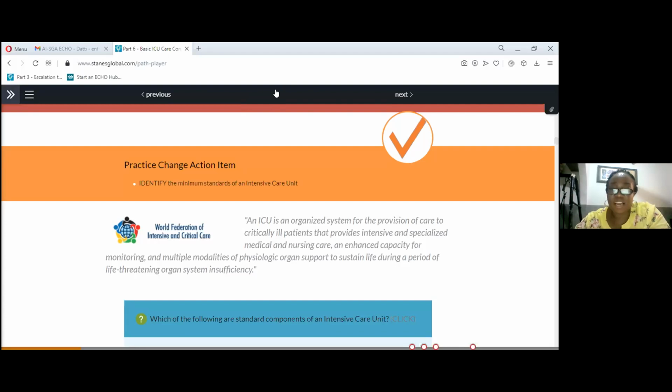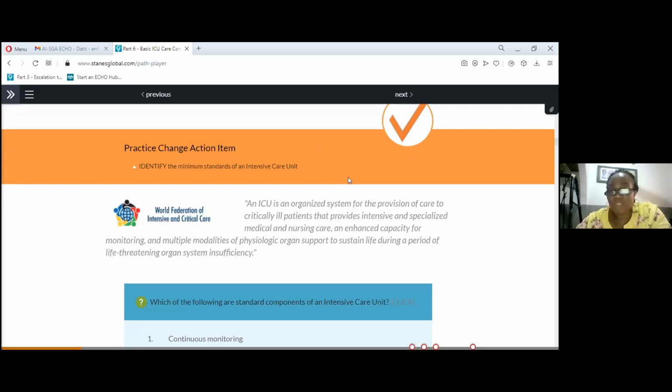Nursing care, there's an enhanced capacity for monitoring, then modalities for organ support. And this part is important. It sustains life during the period of life-threatening organ insufficiency. So ICU actually helps to provide that window to see if the patient can bounce back to their pre-morbid status.